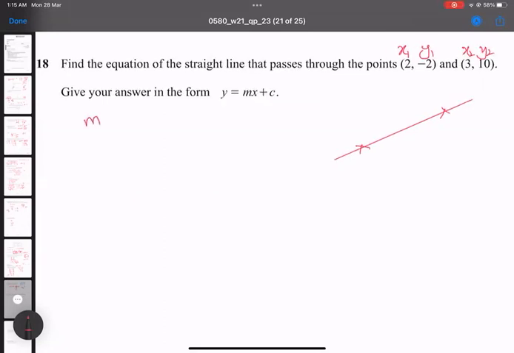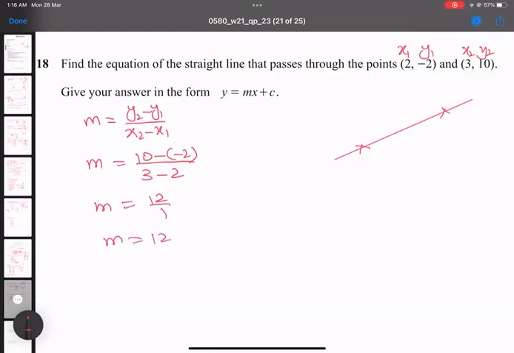First of all, I find the gradient, and the gradient formula is very clear: y2 minus y1 over x2 minus x1. If I plug in the values, y2 is 10, y1 is negative, and 3 minus 2. Ultimately, I'm getting 12 over 1. So gradient becomes 12.